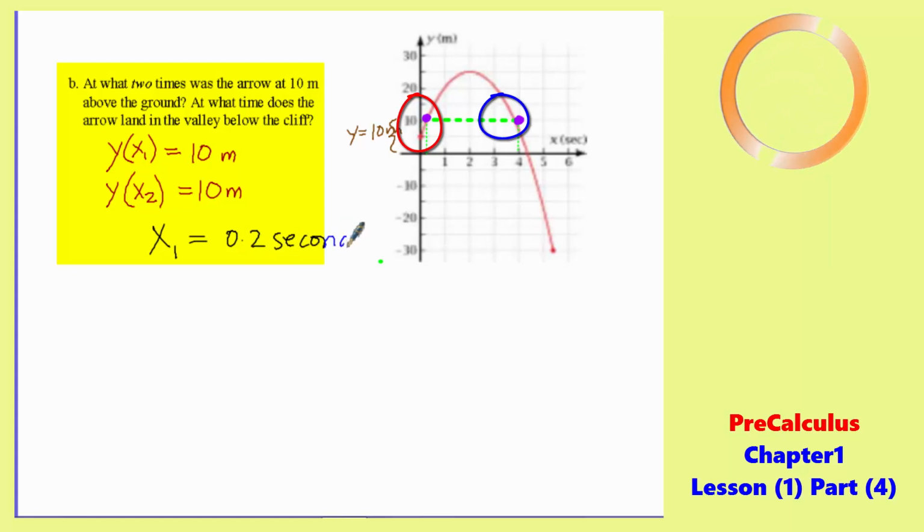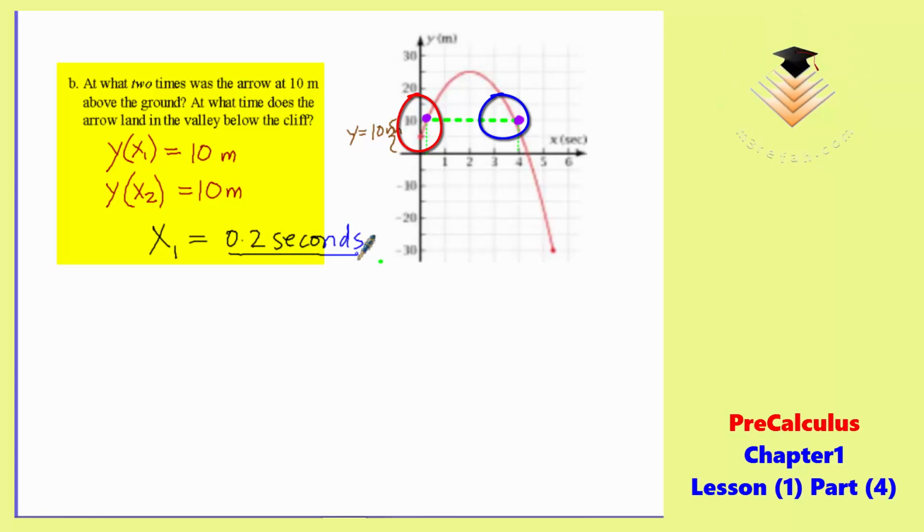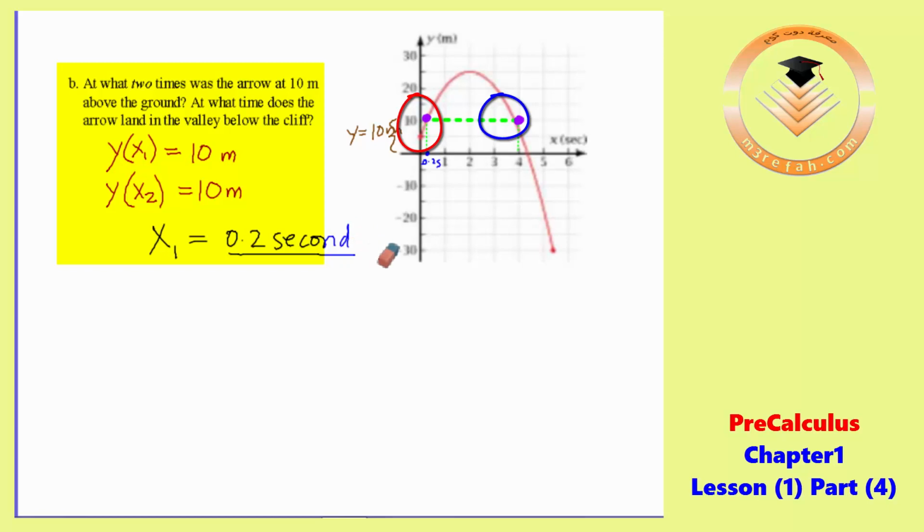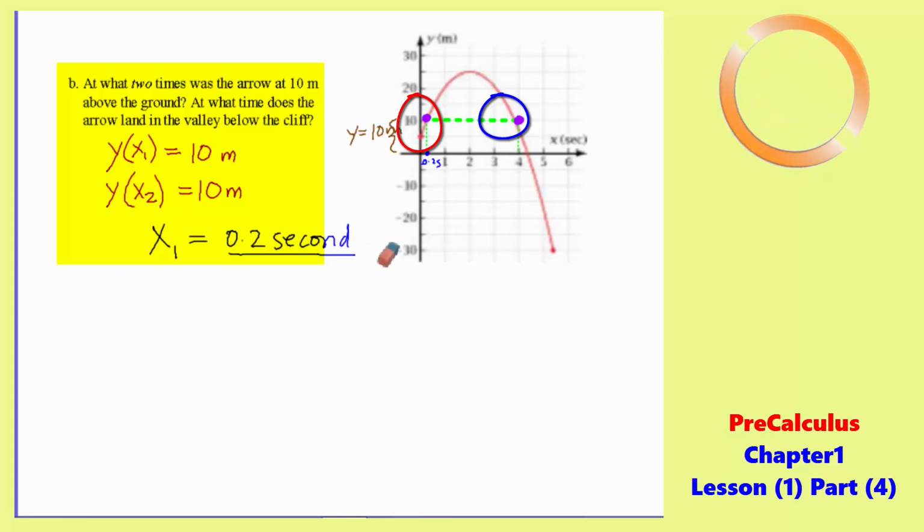Let's just approximate everything; they're not looking for the exact value. So x1 is equal to 0.2 seconds, which is here. It should be second, that's a grammatical error. 0.2 seconds.